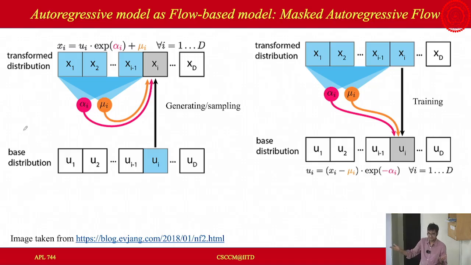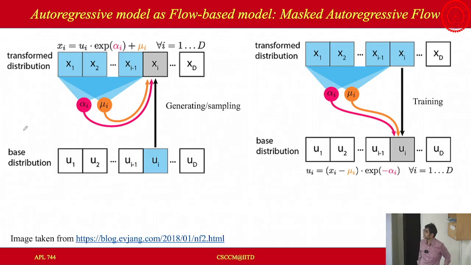U is z in this case. So see, training and sampling are opposite. Training is the right hand side, sampling is the left hand side. So this is the MAF, masked autoregressive flow, correct?